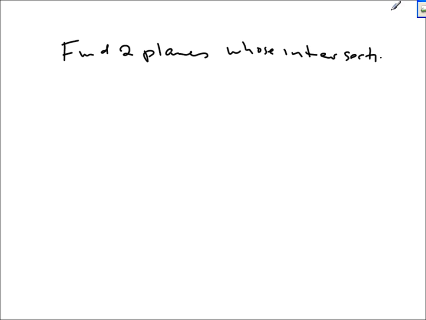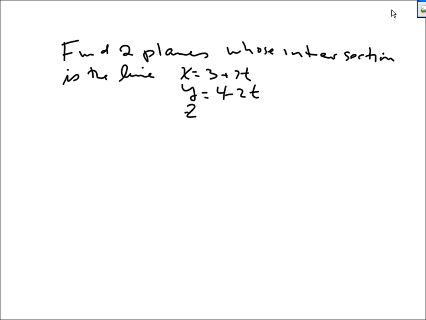All right. Now, a couple of problems we're going to do. We want to find 2 planes whose intersection is the line x equals 3 plus 2t, and y we'll say is 4 minus 2t, and z is going to be negative 2 plus t.